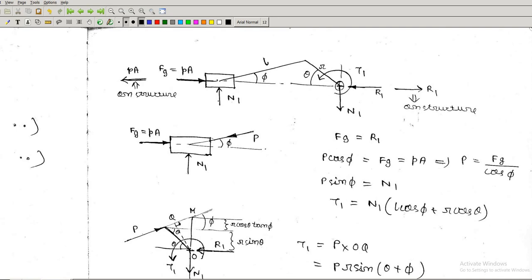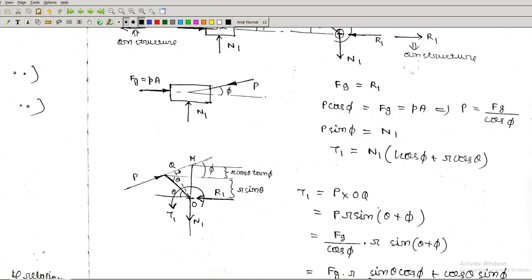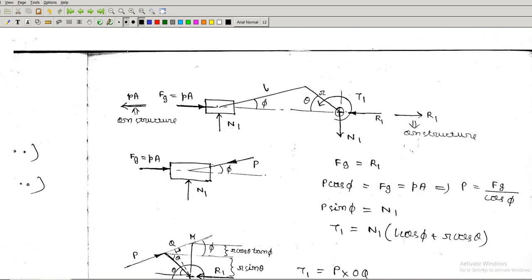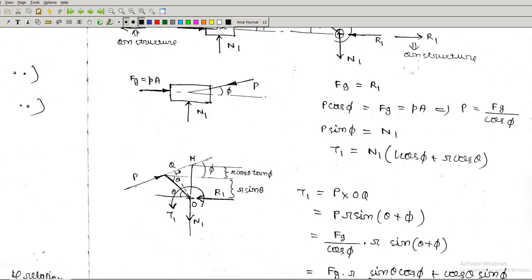So T1 is N1 multiplied by L cos phi plus L R cos theta, and T1 is actually, if you look at the crankshaft, then P is coming from the connecting rod. This is T1 and this is N1, this is R1.